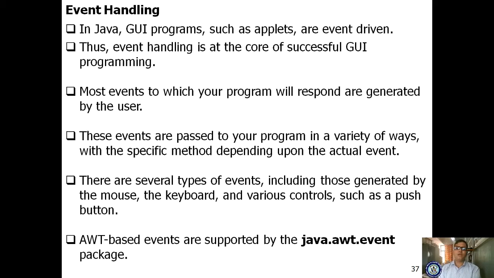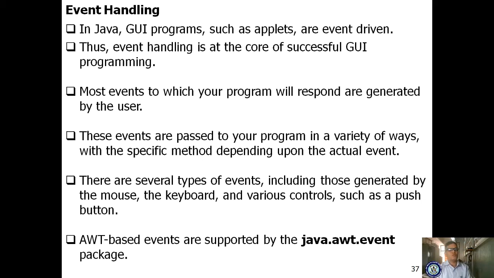In Java, graphical user interface programs such as applets are event driven. Whatever applet program we have designed till now is an event-driven program. Thus, event handling is at the core of successful GUI programming. So if you are using GUI programs, then behind successful GUI programs is event handling.